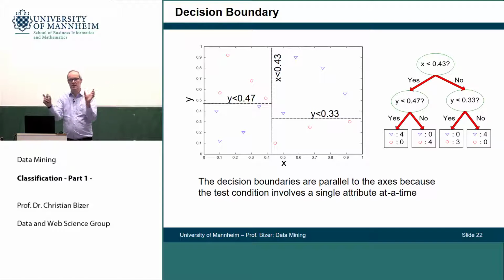This divides the decision space into two regions, and then for both regions we do different things. We look at the variable y, and then depending on our first decision, either compare y with 0.47 or 0.33. So basically, step by step, we divide the space into areas. The shape of these areas is always parallel to the axis.